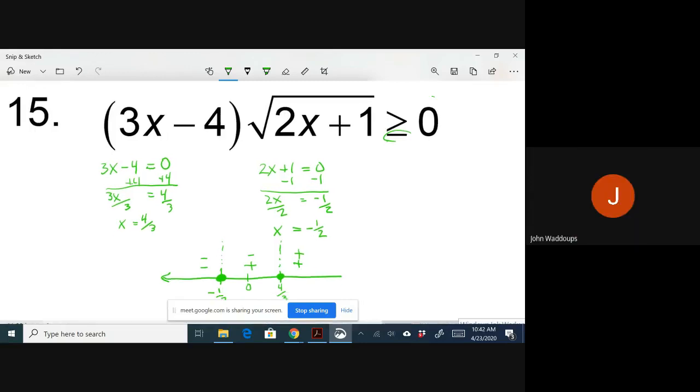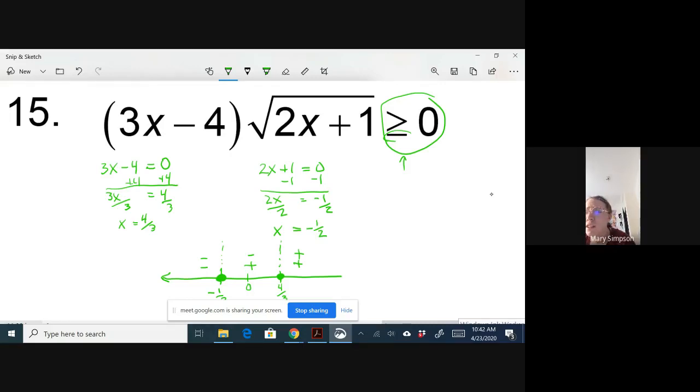As we focus on the greater than part, greater than 0, what kind of numbers are greater than 0? Would it just be 0? Let me put it to you this way. If I've got two numbers, positive 3 and negative 3, which one of those numbers is greater than 0? Positive 3.